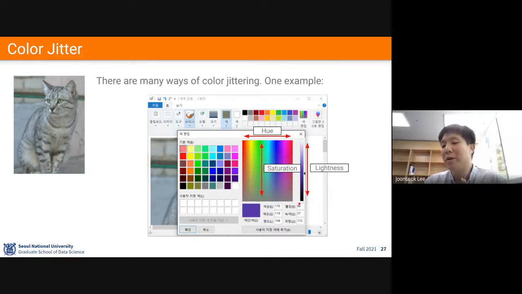We know that our images are usually represented as RGB, which is the red, green, and blue components. But there are many other systems to represent colors, and one of them is HSL, which uses 3 other components: hue, saturation, and lightness. So color is called hue.